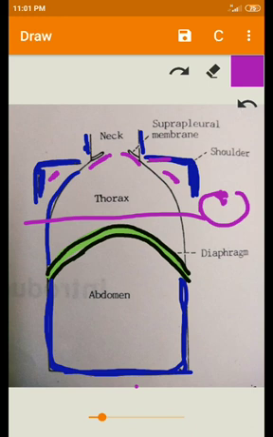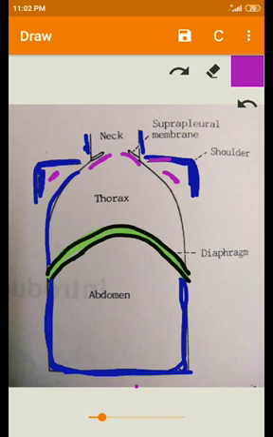In the adult, we are having two types of breathing, that is abdominal as well as thoracic type of breathing. So this abdominal type we can see in forced respiration. These abdominals will work actively.